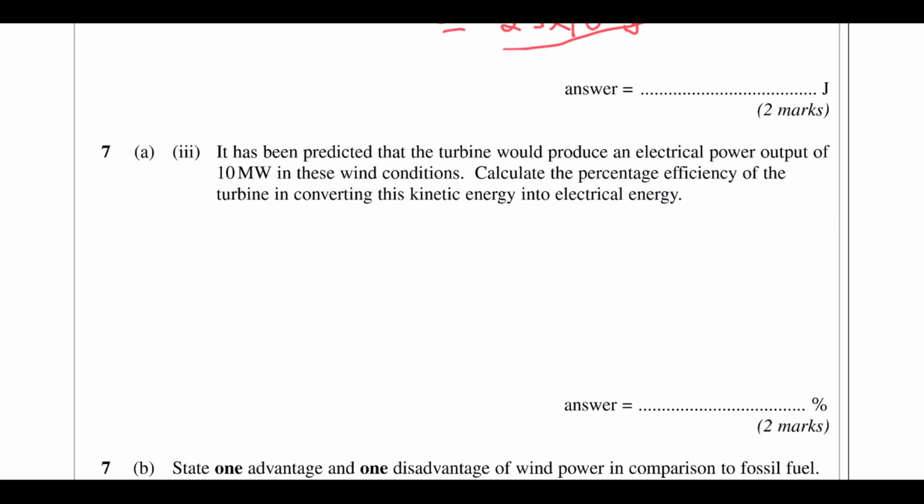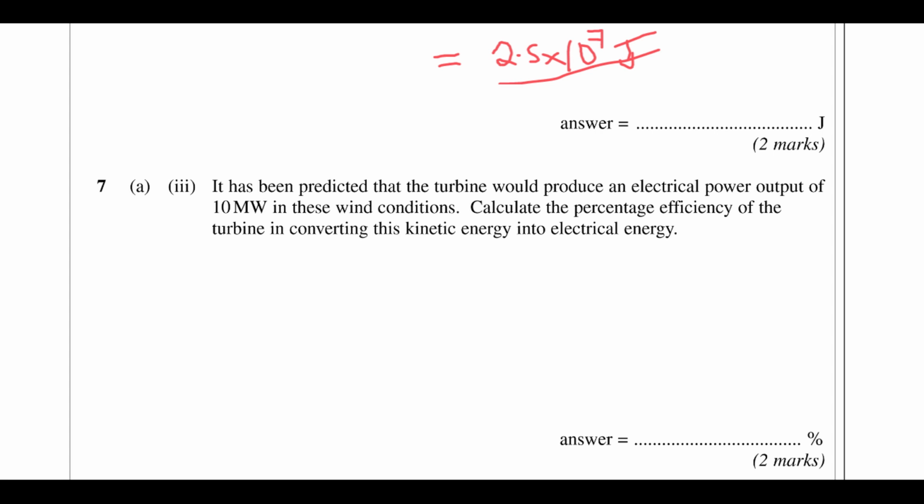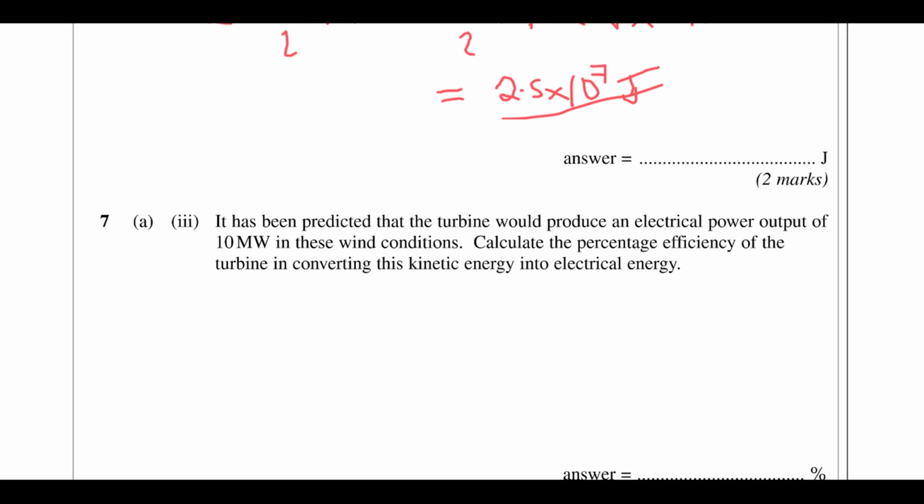It's predicted that the turbine will produce an electrical power output of 10 megawatts in these wind conditions. Calculate the efficiency of it. So this was the kinetic energy per second, so that's what it could theoretically produce. So efficiency is going to be what it does produce over what it could produce times by 100.